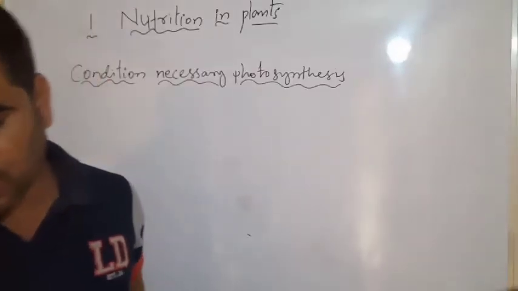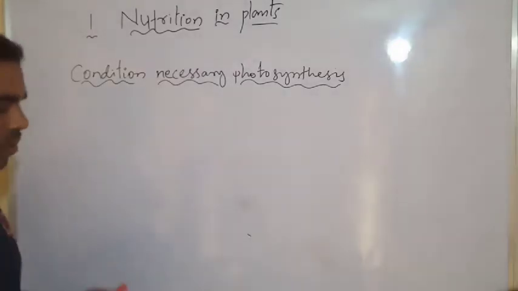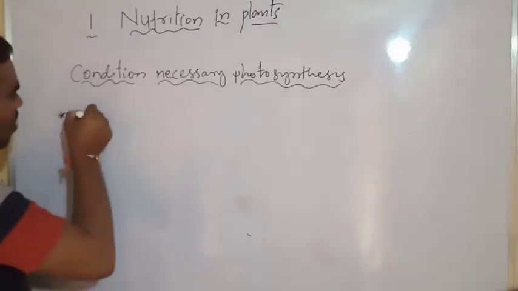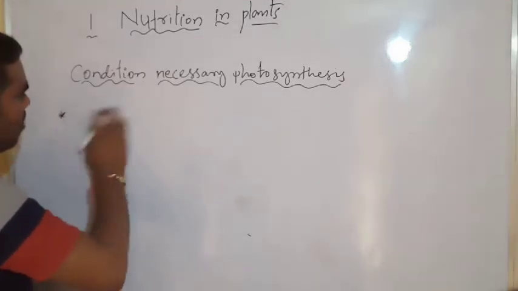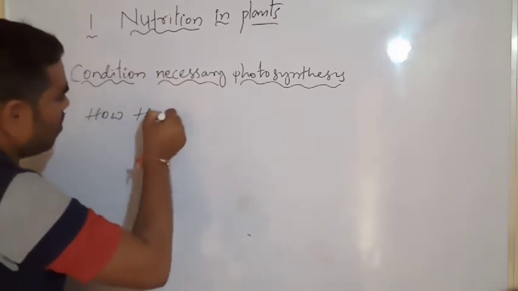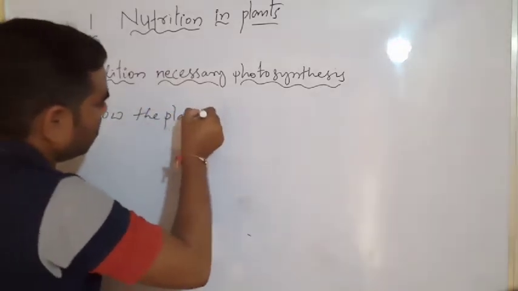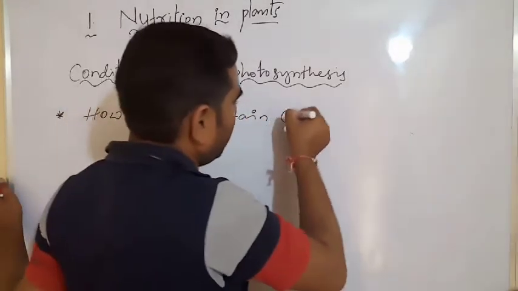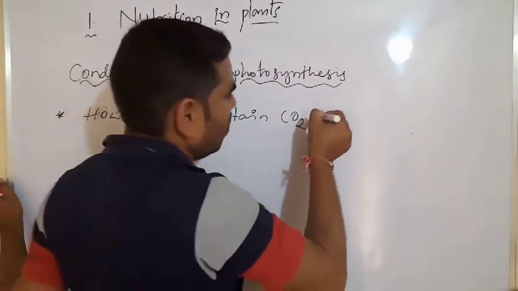How do plants obtain carbon dioxide for photosynthesis?